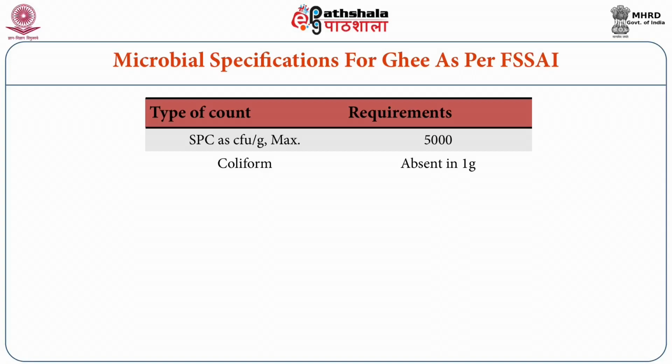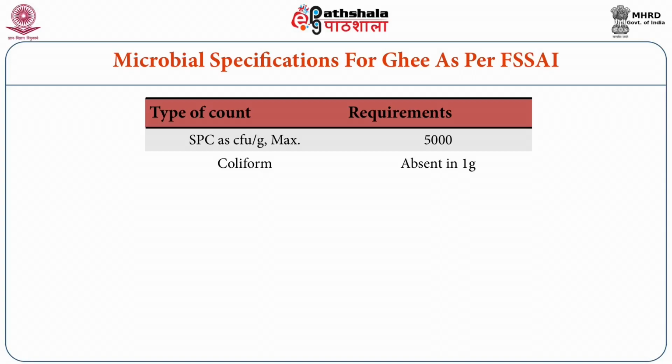If you recall the SPC of pasteurized milk for the same FSSA, it is maximum 30,000 per ml. But remember here, the moisture content is very less, below 0.5. Even bacteria need water to thrive, and hence you can see such a small CFU limit of 5000 per gram.